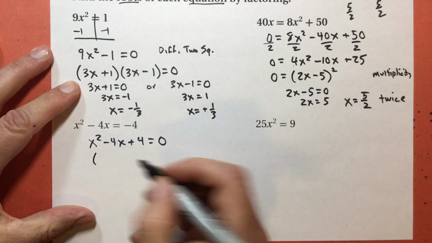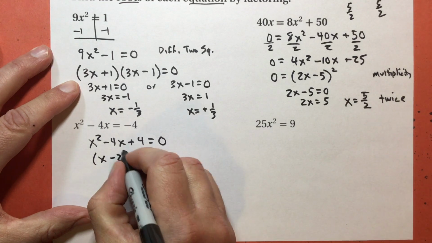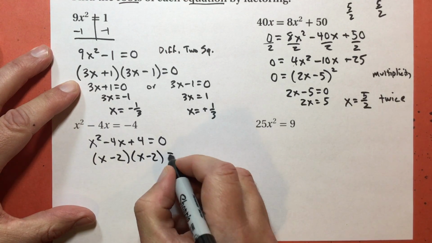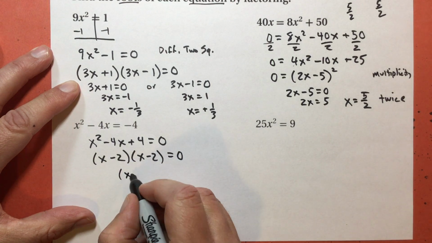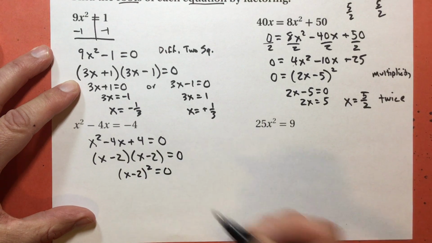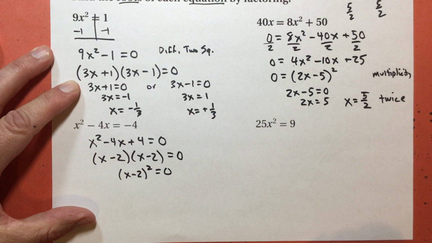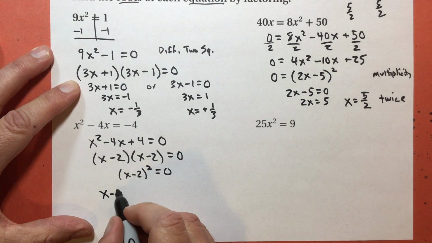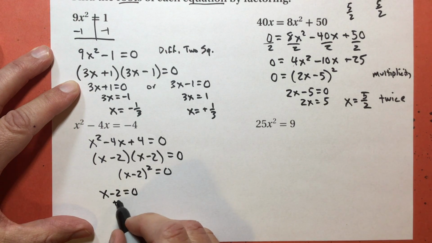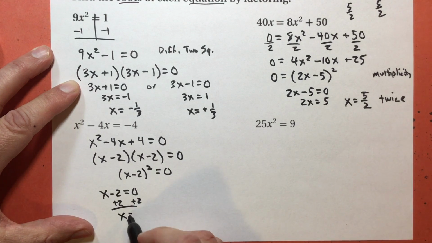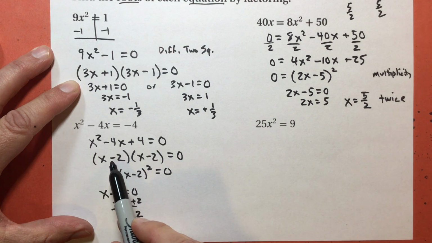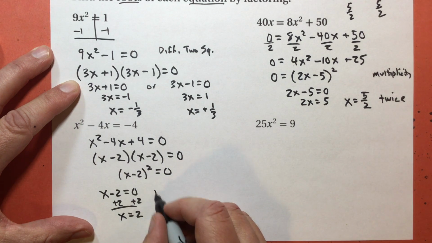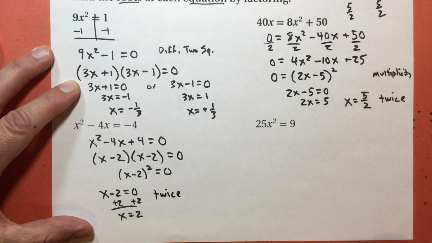This is going to be x subtract 2 times x subtract 2 equals 0, or you can say x subtract 2 squared equals 0. So again, I'm going to get x subtract 2 equals 0, add 2, and I get x equals 2. X equals 2 here, x equals 2 here. I get x equals 2 twice. So it's a multiplicity.